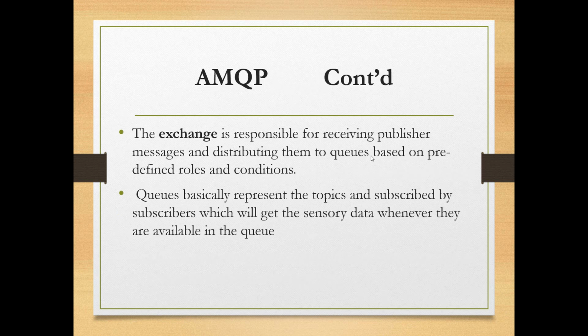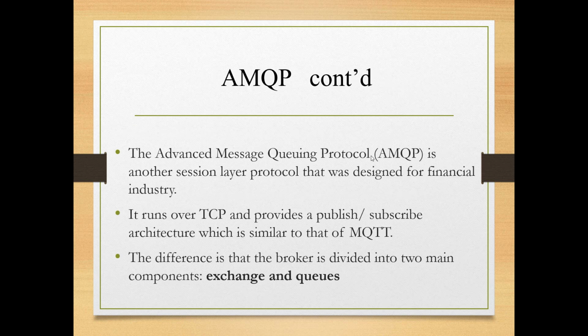So the exchange is responsible for receiving the message from the publisher and distributing them to queues based on the defined rules or topics. The queue basically represents the topics and is subscribed to by subscribers, who will get the sensor data whenever it is available from the queue.